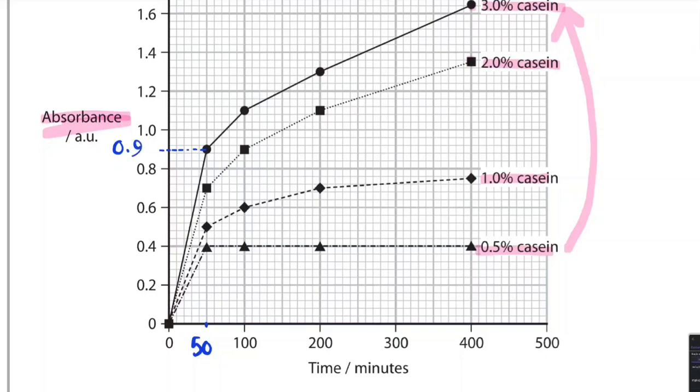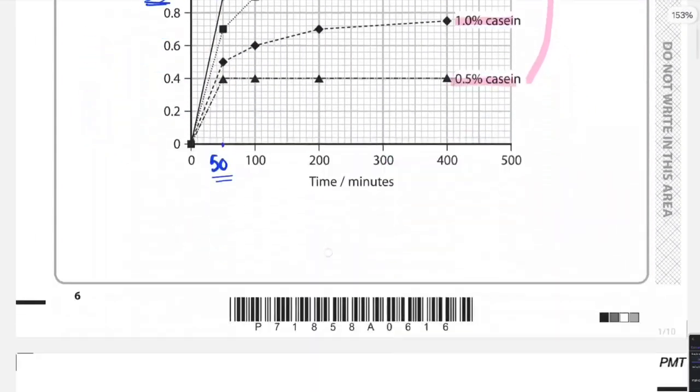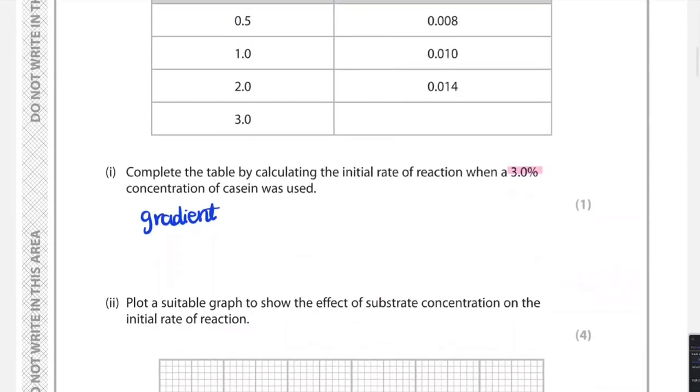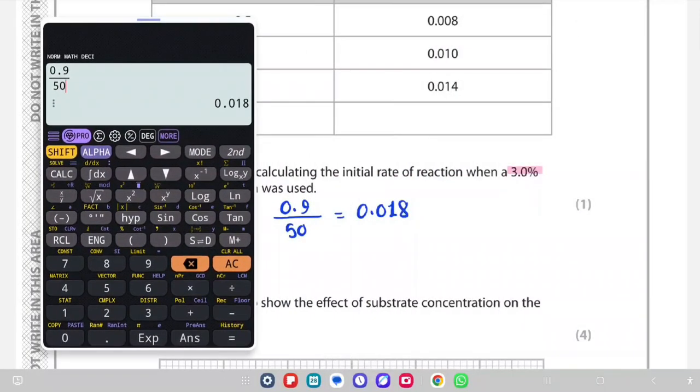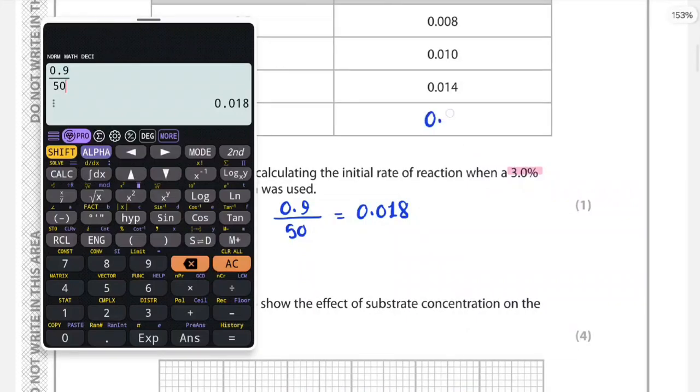So I can simply get the gradient by dividing the value here on the y-axis by the value on the x-axis. So it's simply going to be 0.9 divided by 50. This is my gradient and my initial rate of reaction. This results in 0.018. So you're just going to write your answer here. You can fill it in the table. And let's continue.